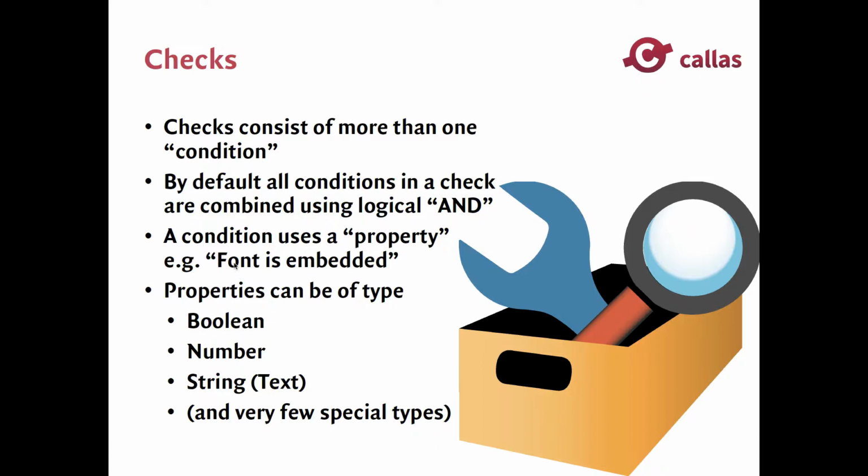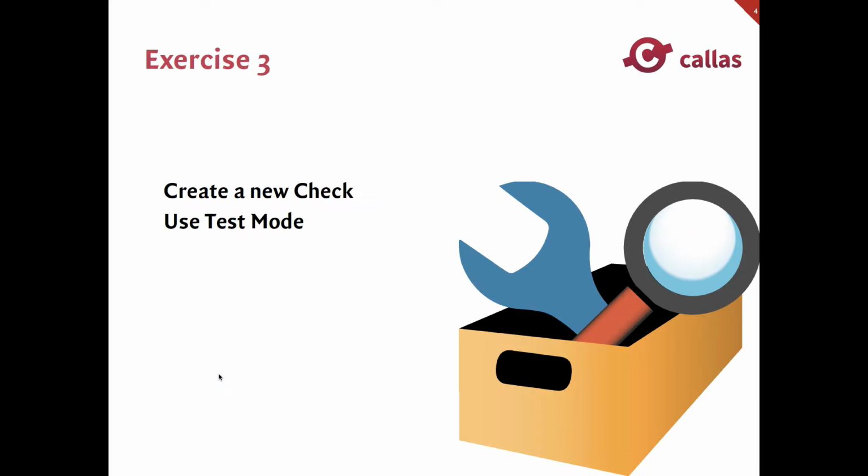You could also say font name is, and then it would be a string, and then you could say font name is equal to, and then let's say Arial or Helvetica or Times or whatsoever. So then it would compare the name of a font with a text. Or you can have a number, and then there are very few special types, but most of the properties are either Boolean, number, or string.